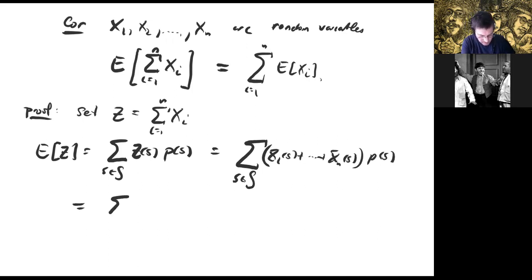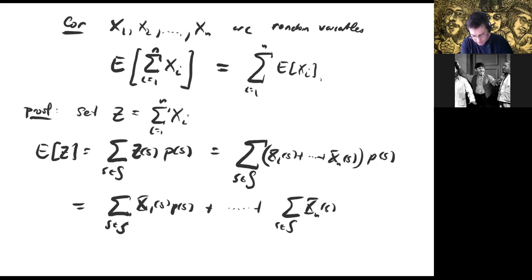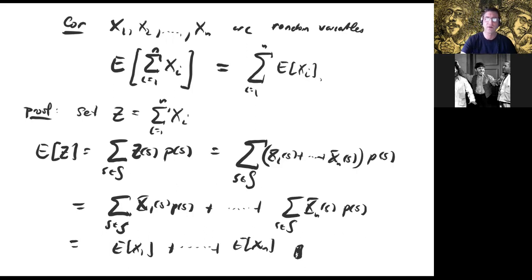So this is the sum over s in S of X1(s) times p(s) plus dot dot dot plus the sum over s in S of Xn(s) times p(s). But this is the same as E(X1) plus E(X2) plus dot dot dot plus E(Xn), and that's what we had to show. Okay, so that wasn't that hard.